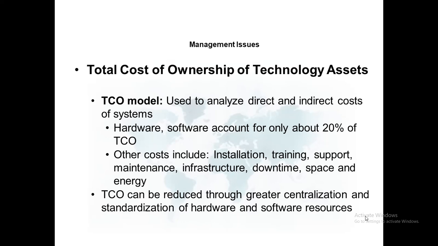So it makes maintenance easier because you'll be having the same standard hardware and software resources. Maybe for us, we are using only Windows 10 for all our computers. For the servers, Linux. So if you standardize, then the cost of ownership may be lower because you'll be reducing on the installation costs, training costs, and the maintenance costs.